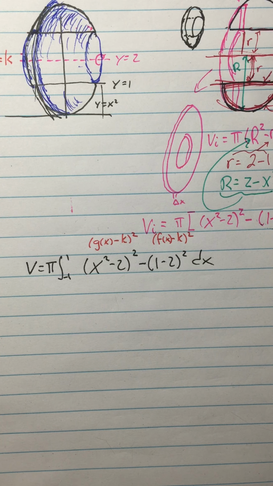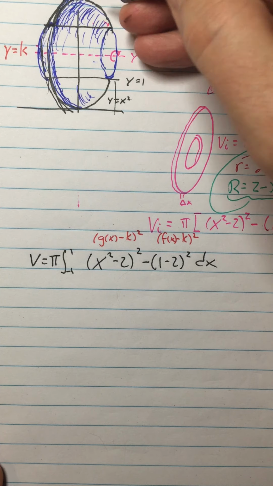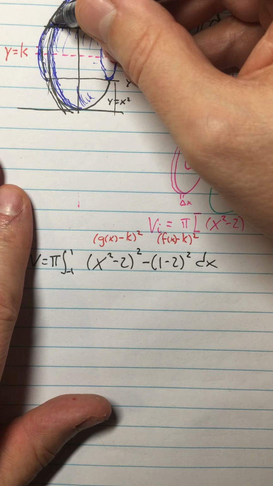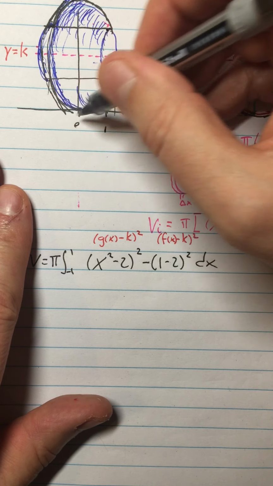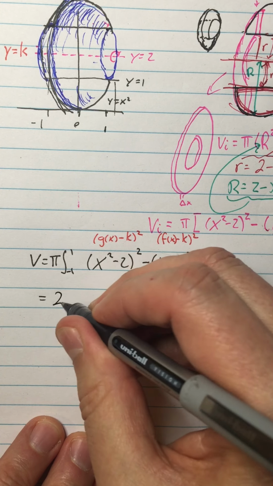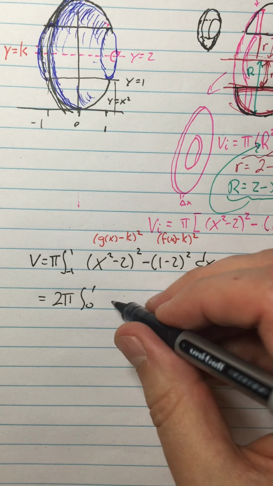Let's see, what are we going to do now? Oh, so now let's take advantage of symmetry again. This figure is symmetric with respect to the y-axis. So instead of going from -1 to 1, let's integrate from 0 to 1 and then double it, because the part from -1 to 0 is going to be the same. So we're going to call this 2 pi times the integral from 0 to 1. Then we'll just square stuff out.